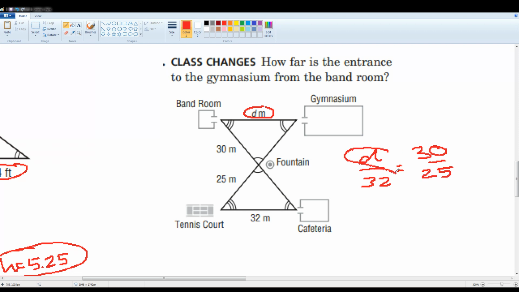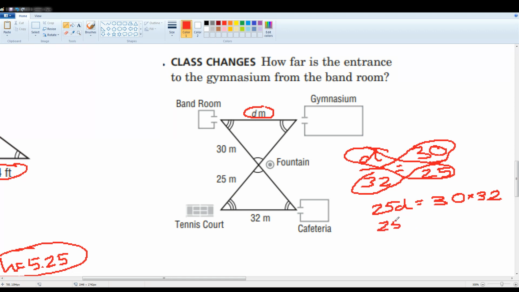I would diagonally multiply here, and I get 25D equals 30 times 32. Okay, 25D is equal to 960 here. And when I divide by 25, I get my answer.